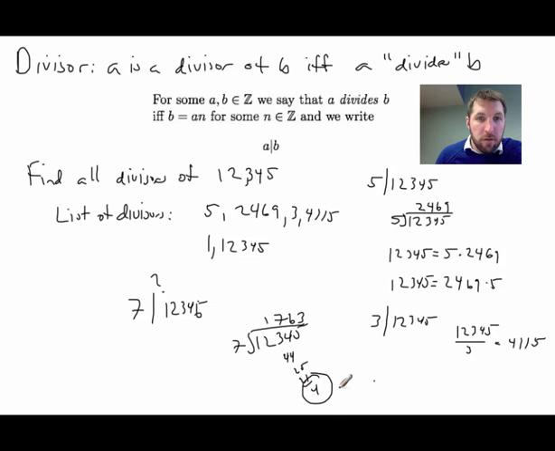And since there's a remainder of 4, we know that we can't write it like this. Now, what we can write is that 12,345 is equal to 7 times 1,763, but then we have to add 4.